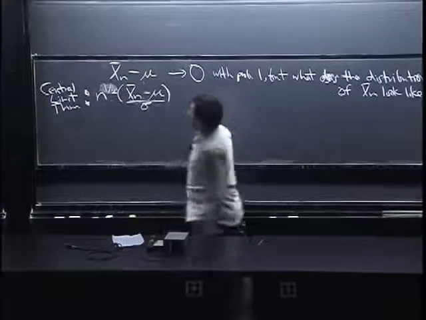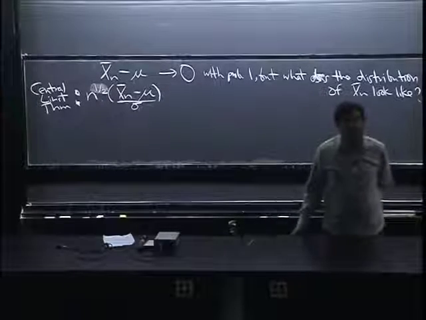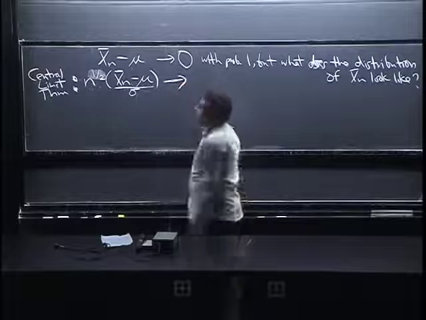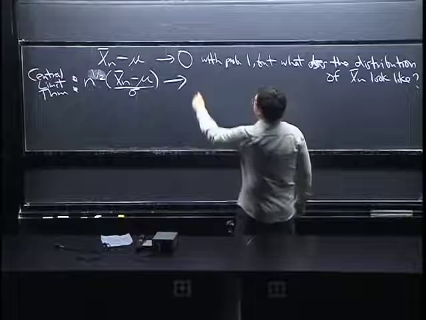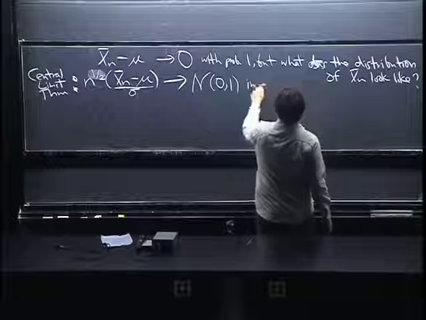The central limit theorem says if you take this and look at what happens as n goes to infinity, it converges to standard normal in distribution.